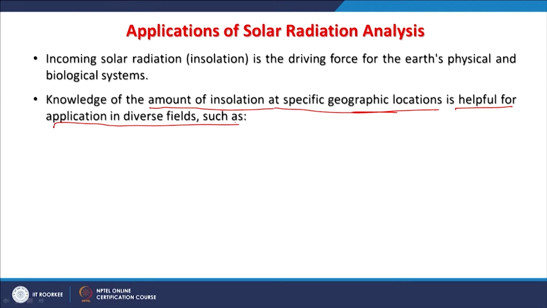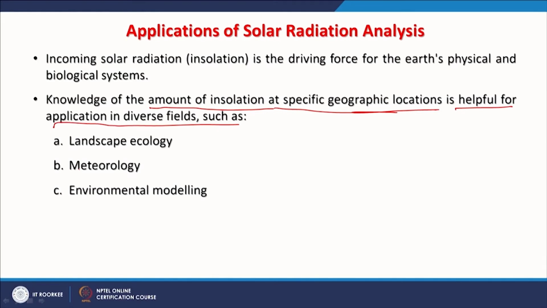Even nowadays, people who are developing resorts in hilly areas are interested to know how much sun they will get, and when. That is very, very important, especially where there are many cold months. For about 6 or 8 months you have winter, and therefore the sun becomes very, very important.